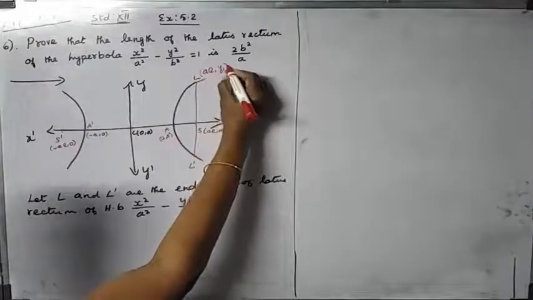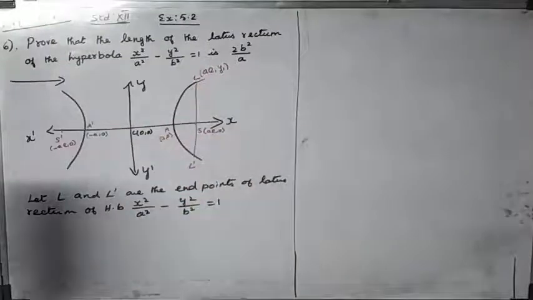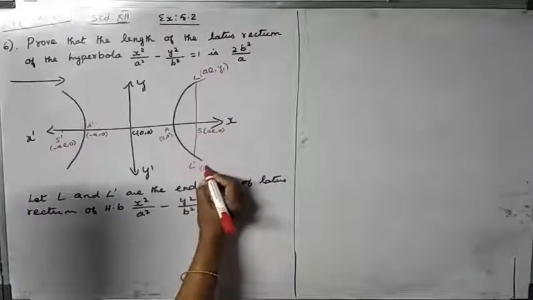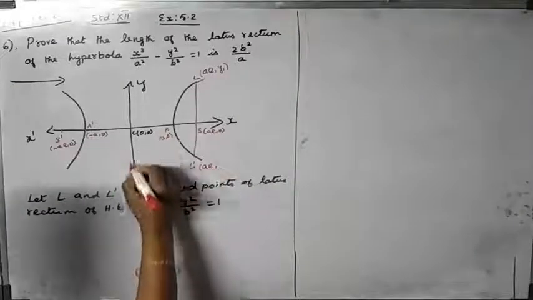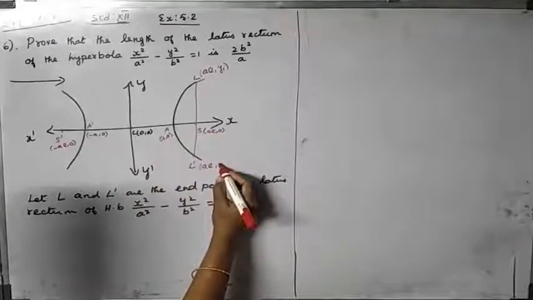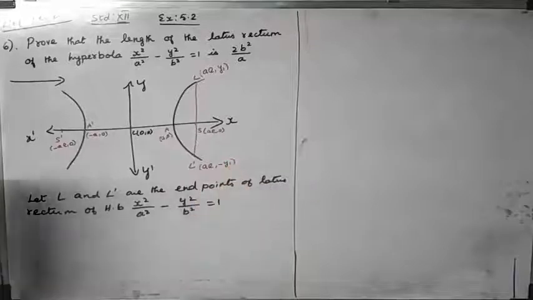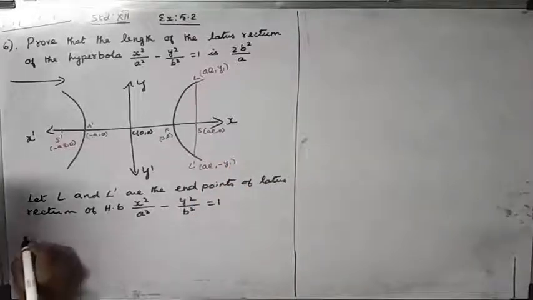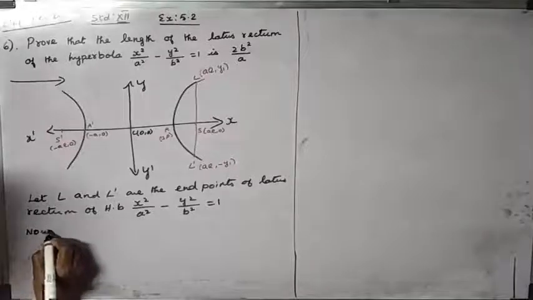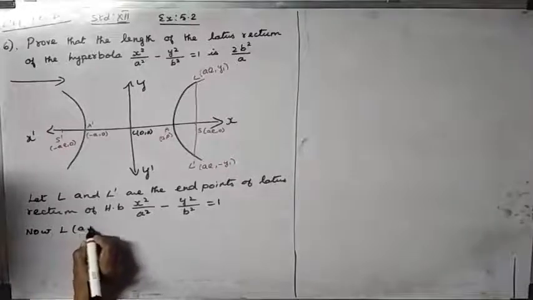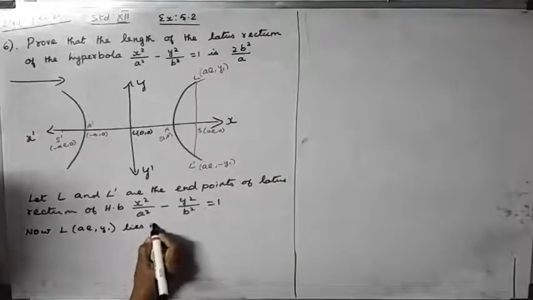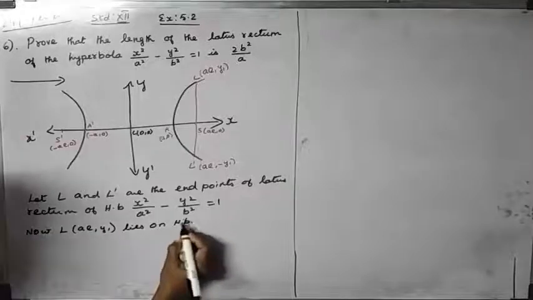It is y1 because I don't know the distance. So this distance is ae and this distance is y1. I can write like this. Now L (ae, y1) lies on the hyperbola.